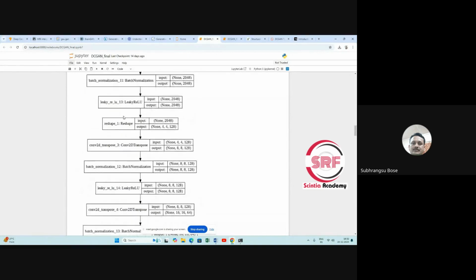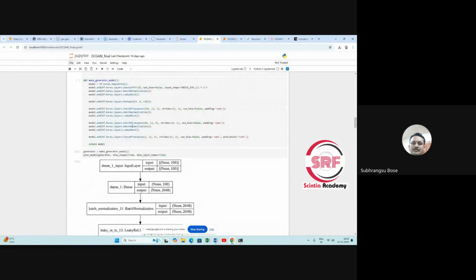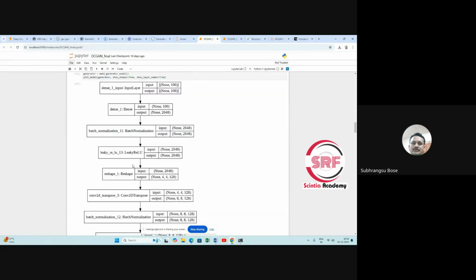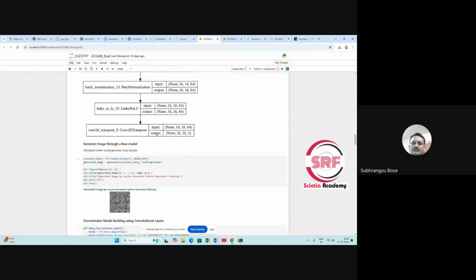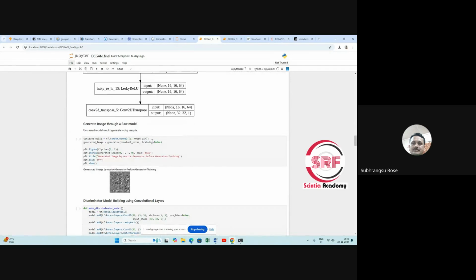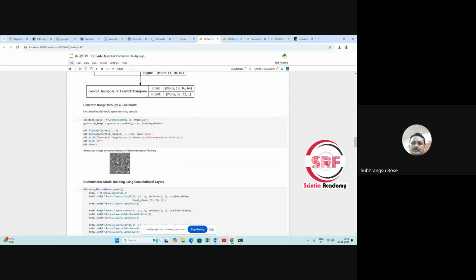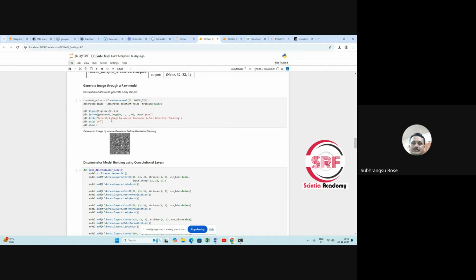This generator, without training, cannot form an actual picture. But it's the structure of the algorithm. After training, generator gets new information, new data, and it can create a good picture.